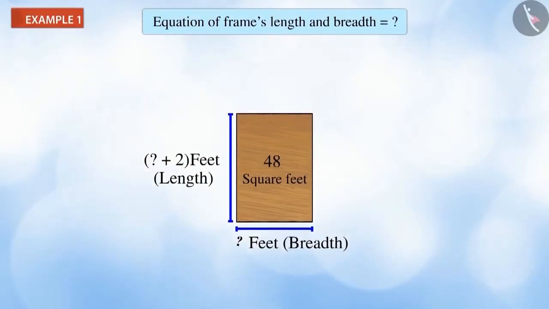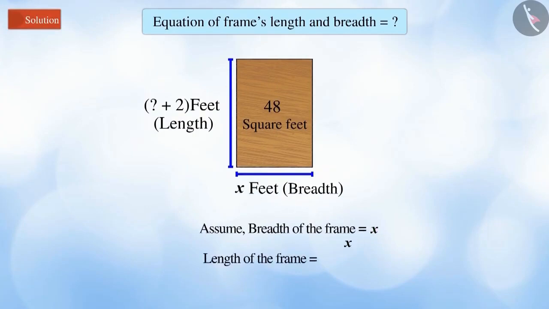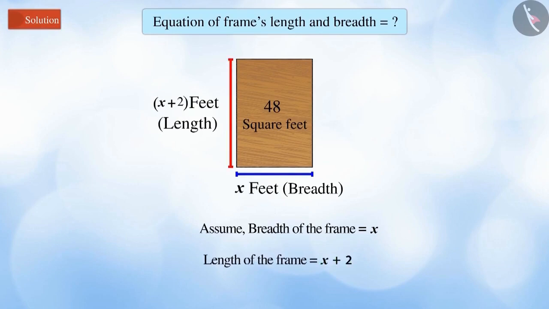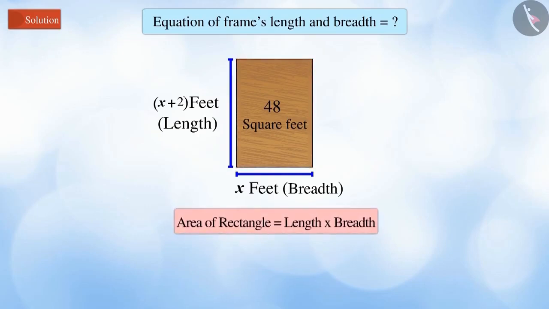Let's solve the example using the given information. To begin with, let's assume the breadth of the frame as x feet. So now, to find out the length of the frame, let's add 2 feet to x, which gives the length of the frame as x plus 2. We know that the wooden plank is rectangular. So, we use the formula for the area of a rectangle.